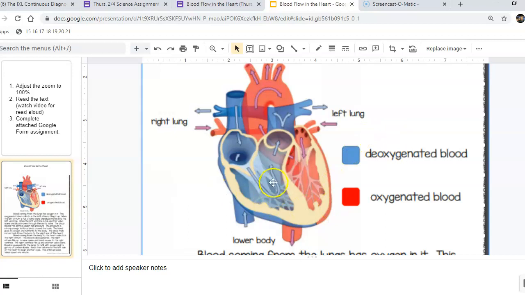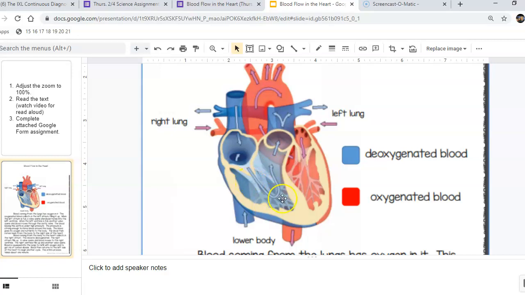So where do you think this blood has to go to get rid of the carbon dioxide and to get more oxygen? And if you said the lungs, you're right, because that is where our breathing in of oxygen and breathing out of carbon dioxide takes place. So this deoxygenated blood here is going to be pumped and go to the lungs.